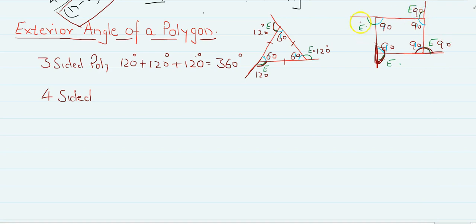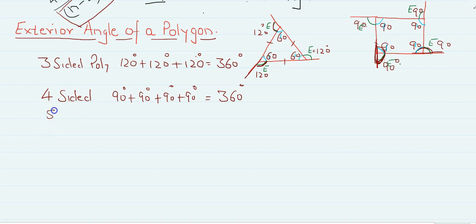This will be 90, this angle is also 90, and this angle is also 90 degrees. So we have 4 exterior angles, and the sum of all 4 angles will be 90 plus 90 plus 90 plus 90, so it will also be 360 degrees.